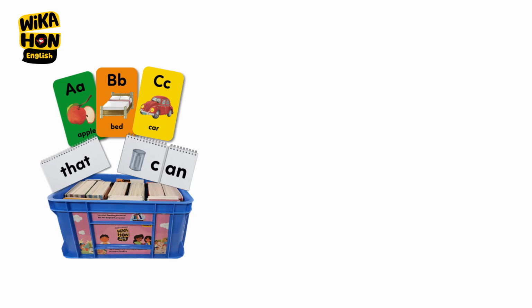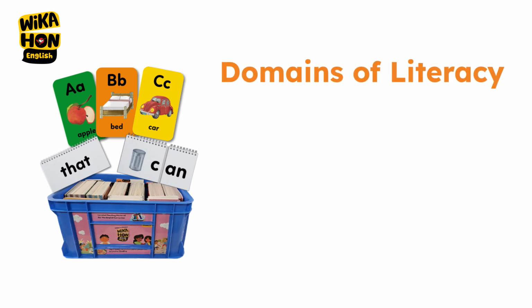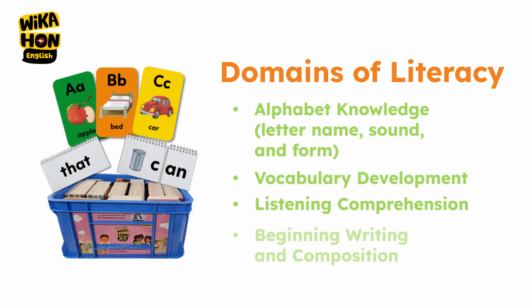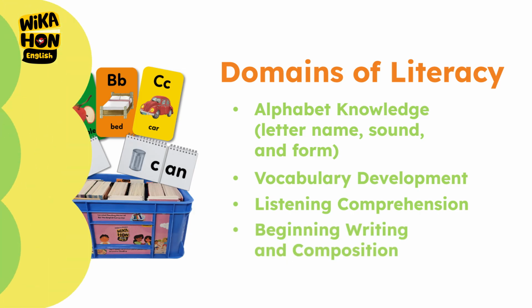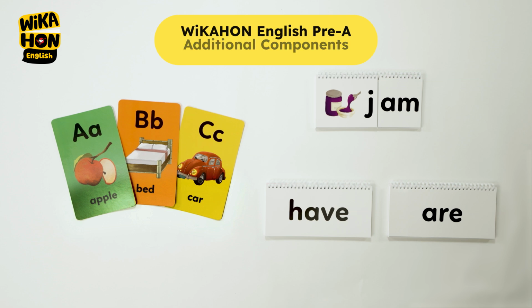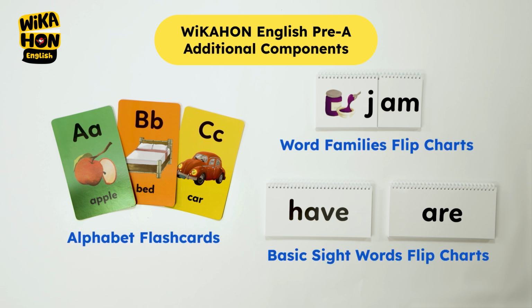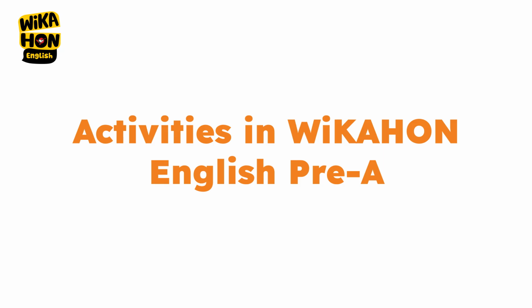After each selection, there are various activities that measure different domains of literacy. To further support beginning reading and writing skills of students, additional components are included in WiKAHON English Pre-A. Here are the activities in WiKAHON English Pre-A.